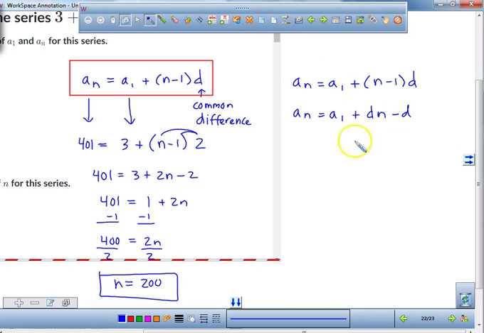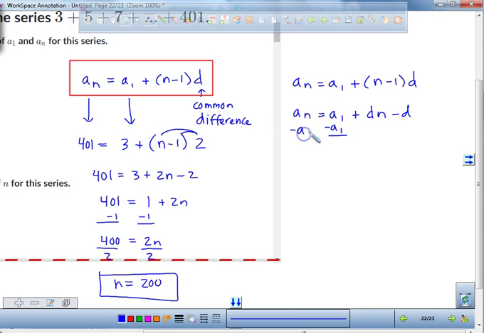All right. First thing I'm going to do is take away A1 from both sides. So here we go. It's going to be AN minus A1 equals DN minus D. That's what we're doing so far.